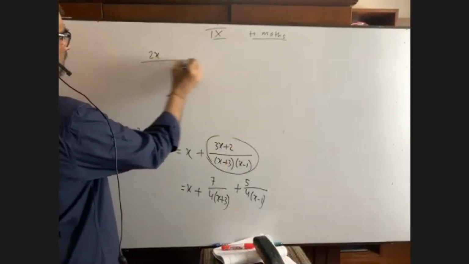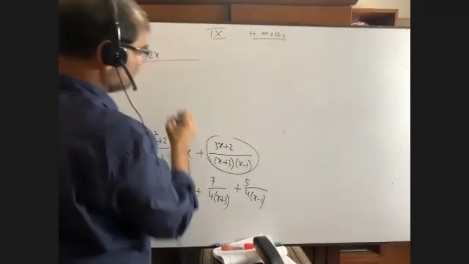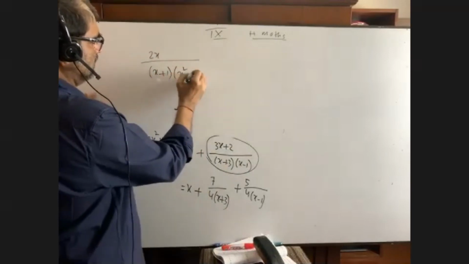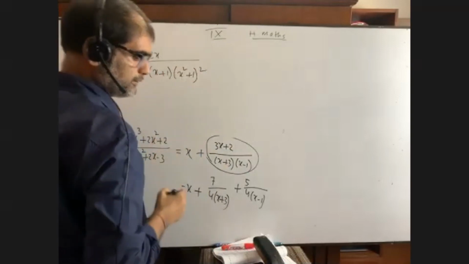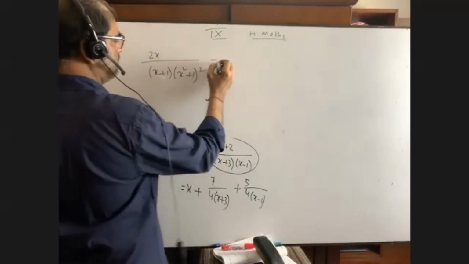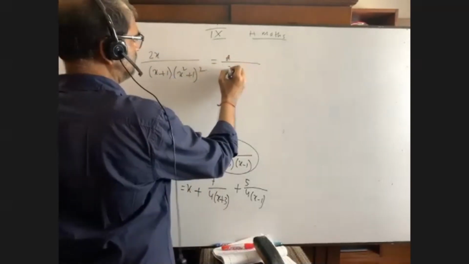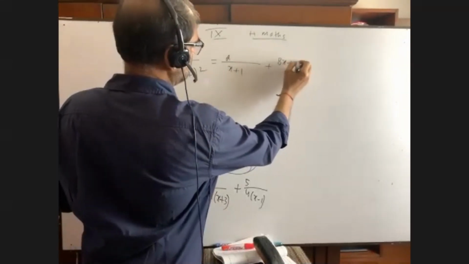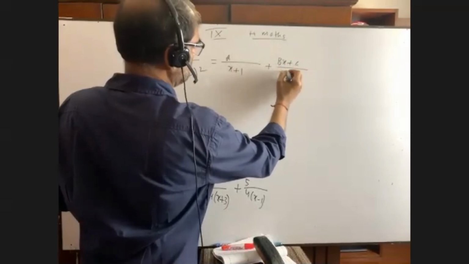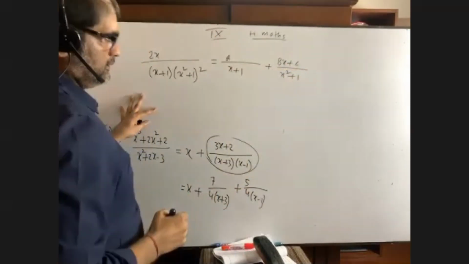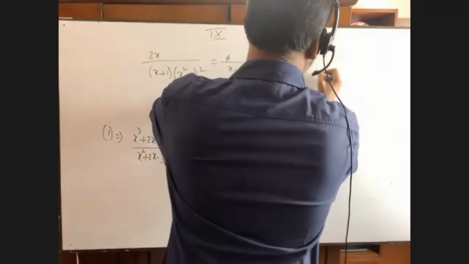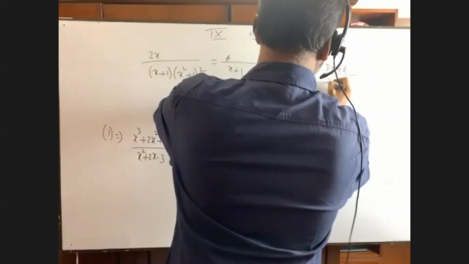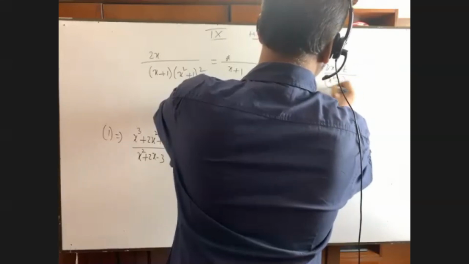2x by x plus 1 from the activity, x plus 1, x square plus 1 whole square. Okay, it will be, write down a by x plus 1, bx plus c by x square plus 1, then dx plus e by x square plus 1 whole square.